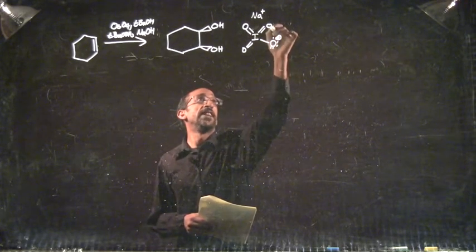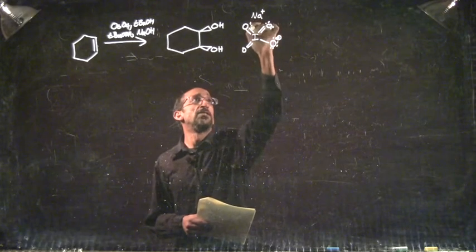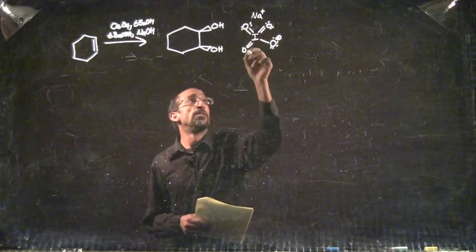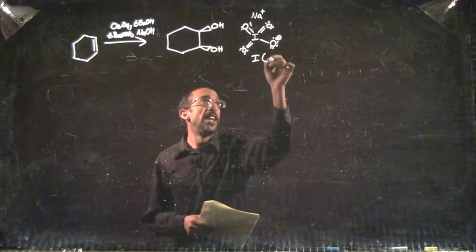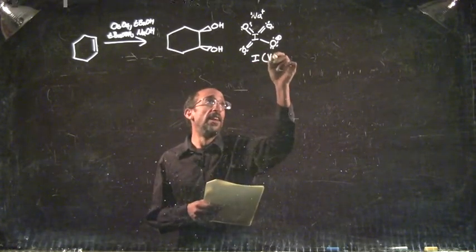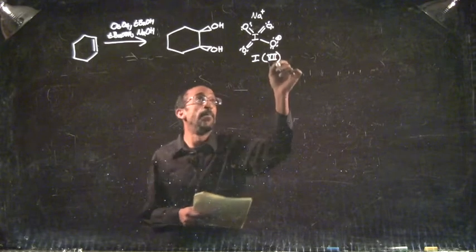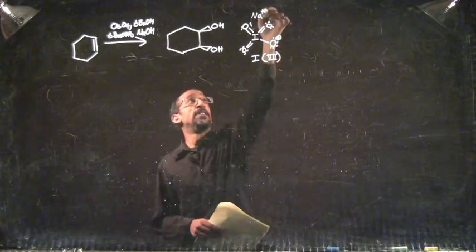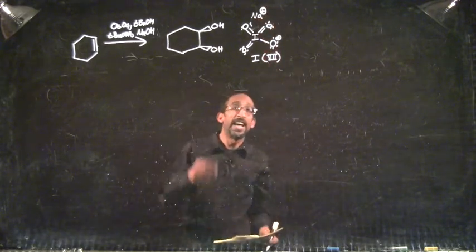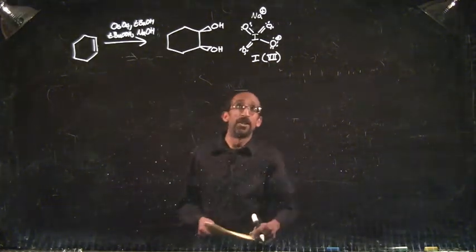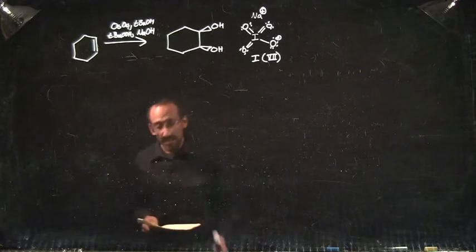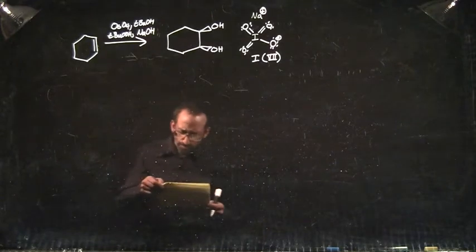So that oxygen gets a negative charge. These oxygens are all neutral. And our iodine is at an oxidation state of 7. Right? So this is sodium periodate, NaIO4. Our charges are balanced in our salt, and we know the oxidation state of our iodine is 7.